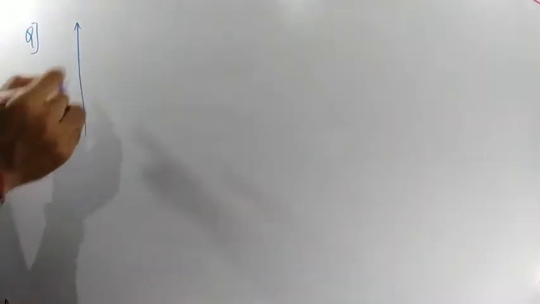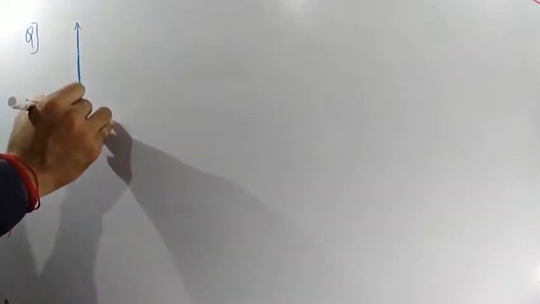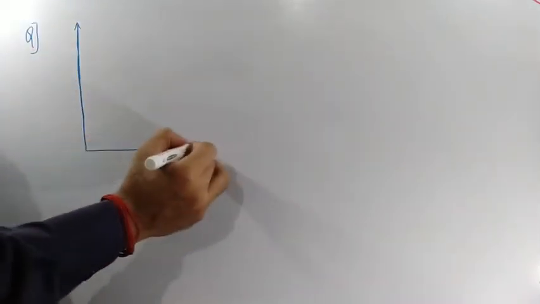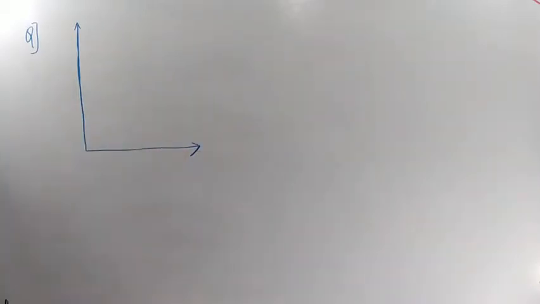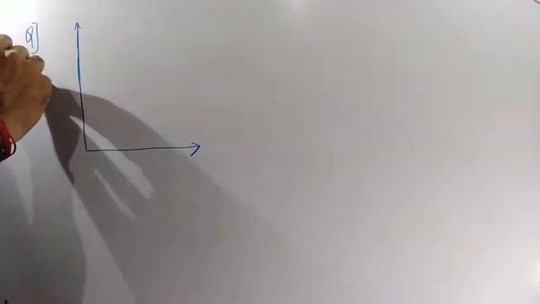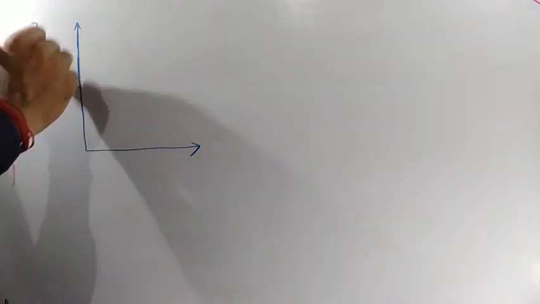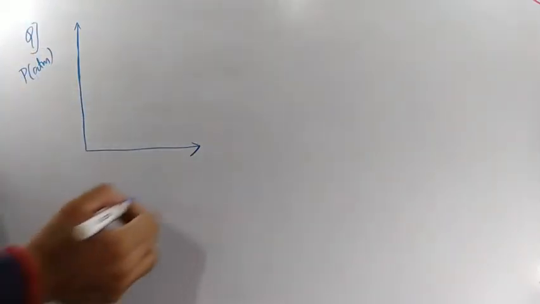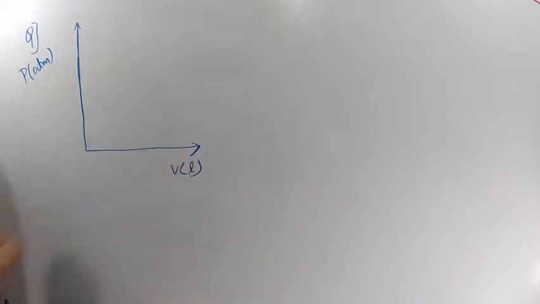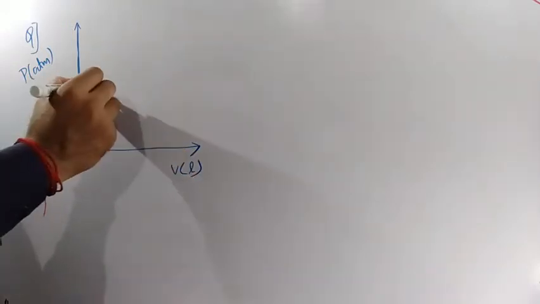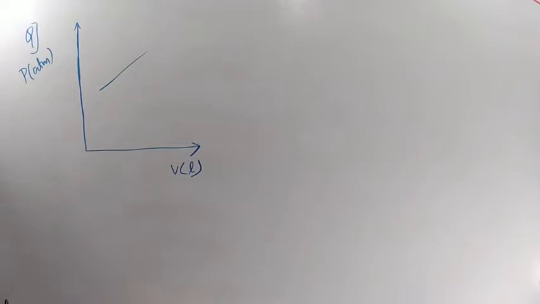So here we are having one question, a graphical based question. Here pressure is given in terms of atm and volume in terms of liter, and here one line they had given.